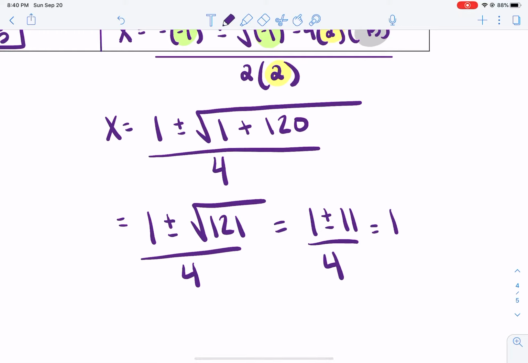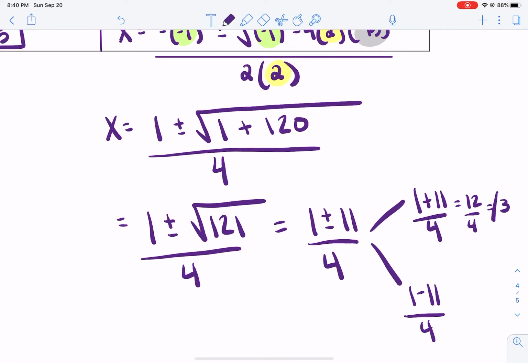We have to split it up now. So we've got 1 plus 11 divided by 4, and we've got 1 minus 11 divided by 4. So 1 plus 11 divided by 4 gives us 12 over 4, which is 3. And then we've got negative 10 over 4, which is negative 2.5.